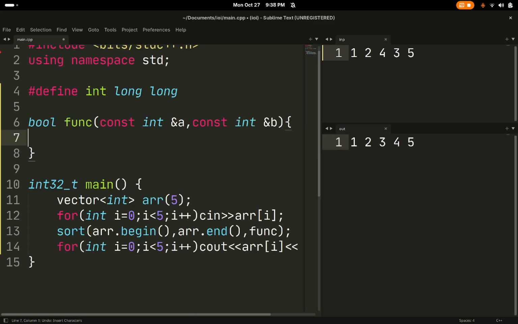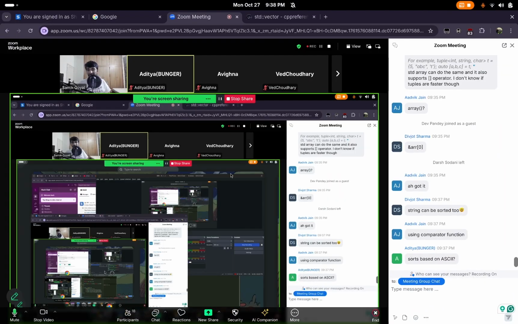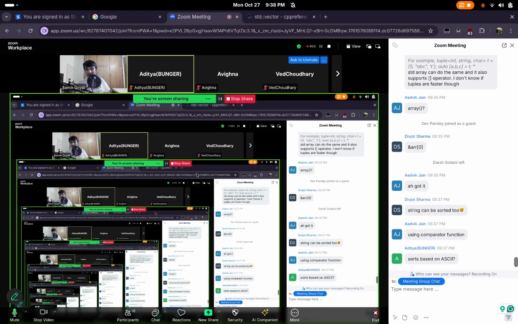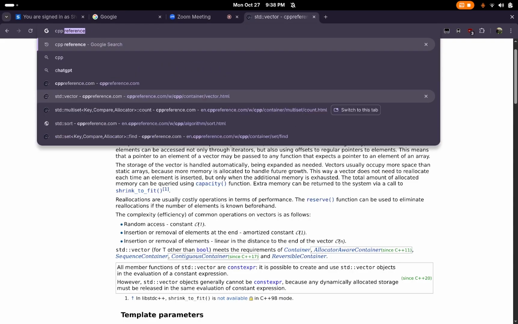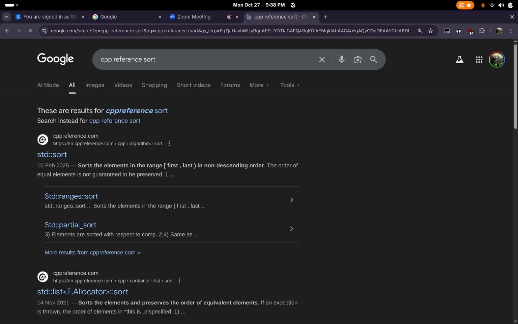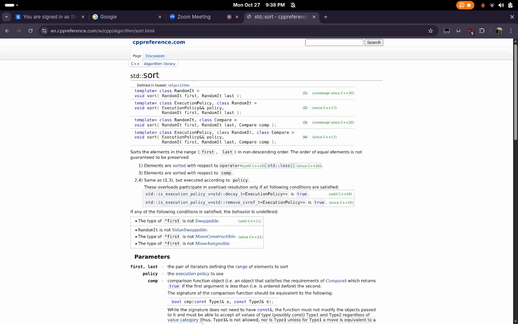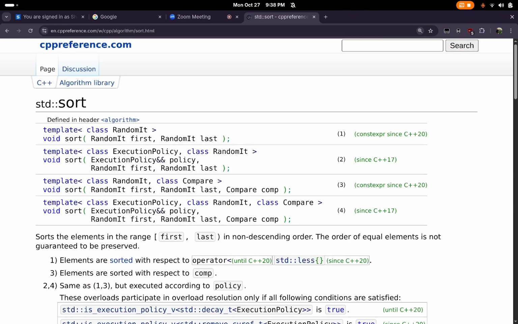And what it should do is return, okay, now this is something that CPP reference is going to help you with if you forget this. This is the thing where CPP reference is helpful. So I was talking about sorting this.